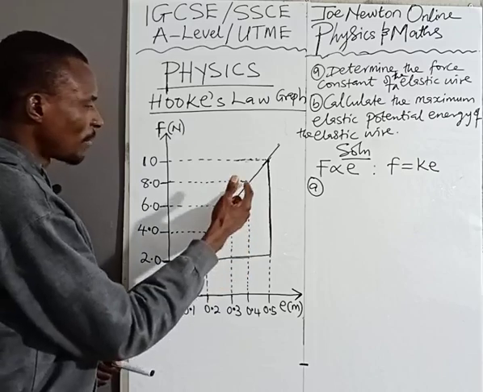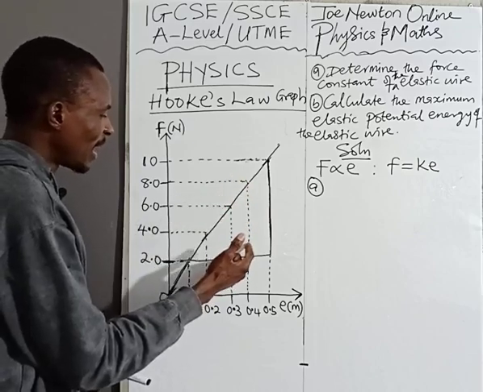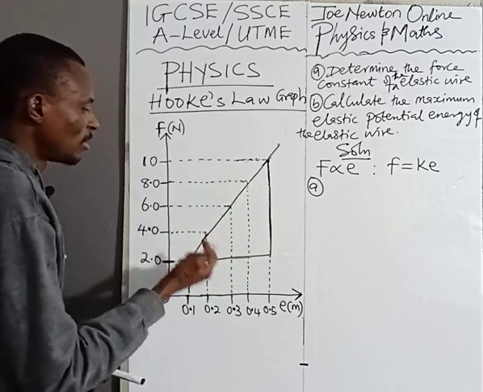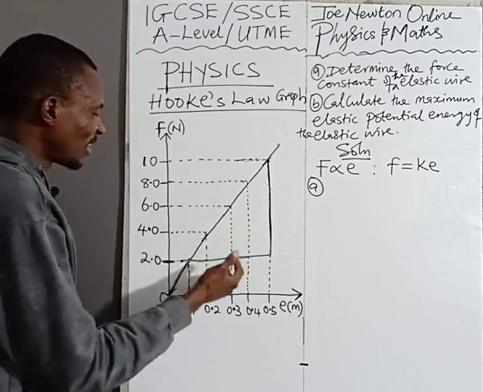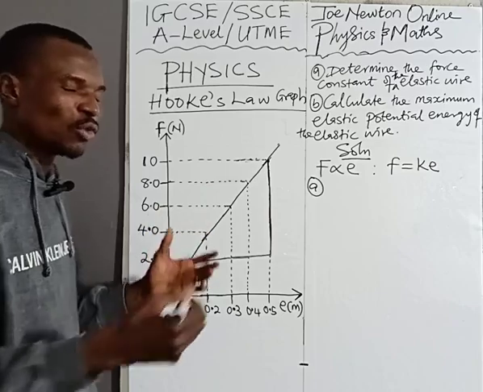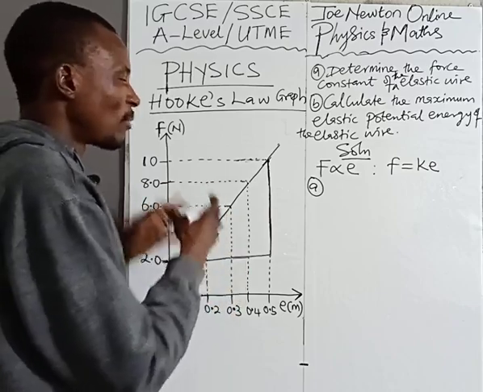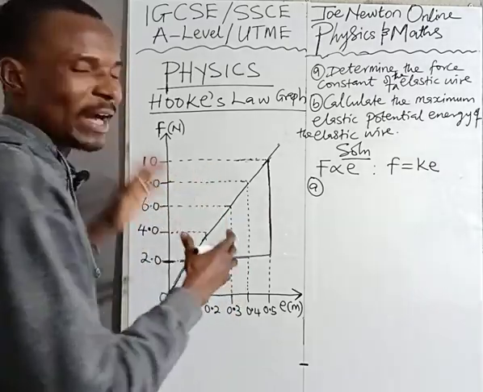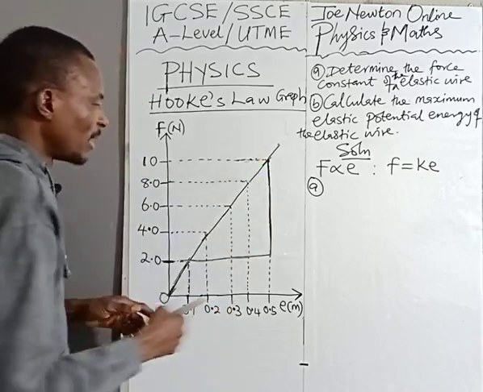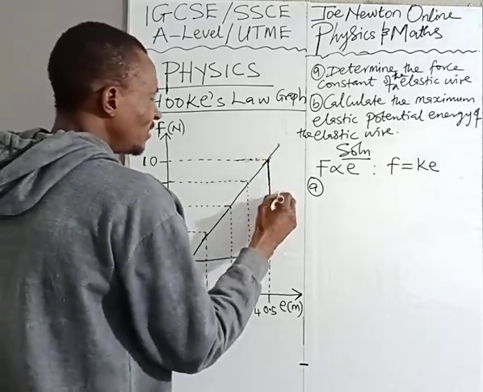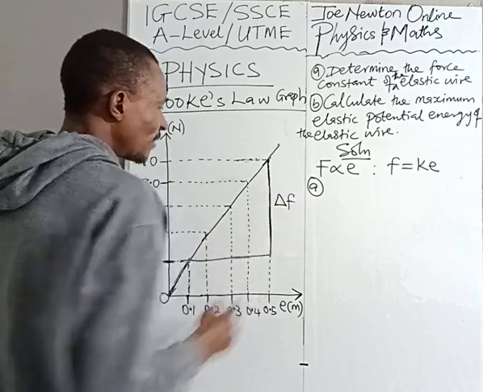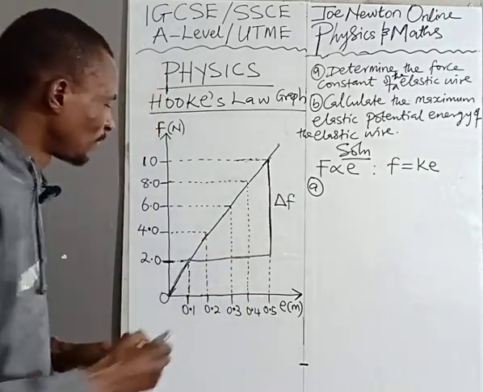You can choose to take between 8 and 4, or you can choose to take between 6 and 2. You can take the slope appropriately from any of the two axes that I'm taking here. So here is delta F, that is the change on the F axis.